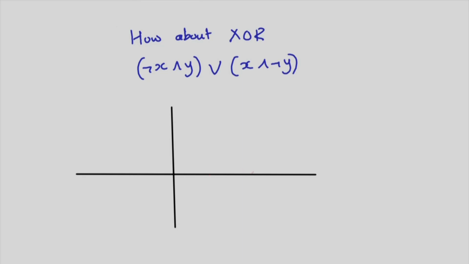So the positive points will correspond to x is 1, y is 0, or y is 1, x is 0. The negative points will be here, x is 0, y is 0, x is 1, y is 1. Now it is impossible to have a linear separator between the positive and the negative points.